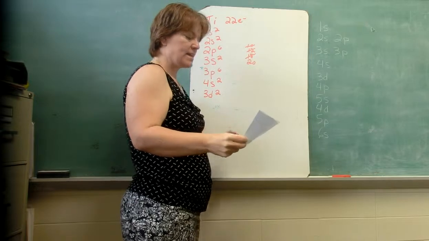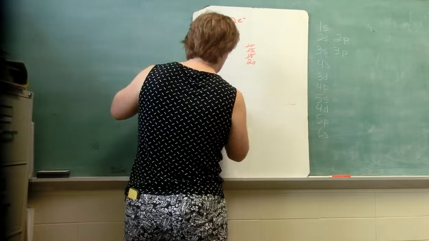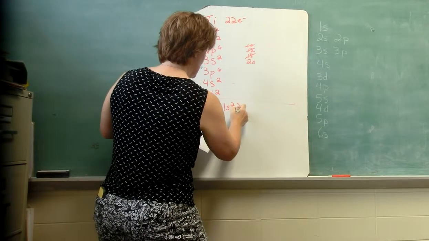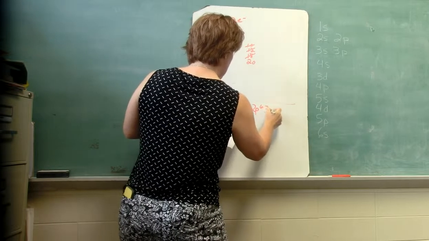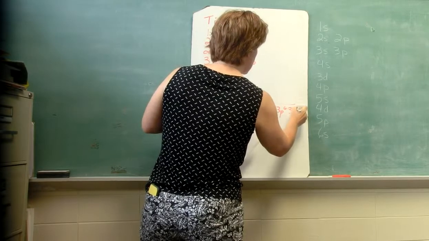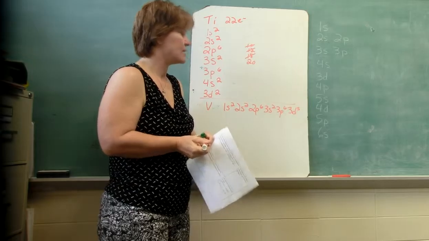It says, why isn't this the electron configuration of vanadium? Saying this is wrong: 1s2, 2s2, 2p6, 3s2, 3p6, 3d5. And again, there's a couple ways I can go for this.